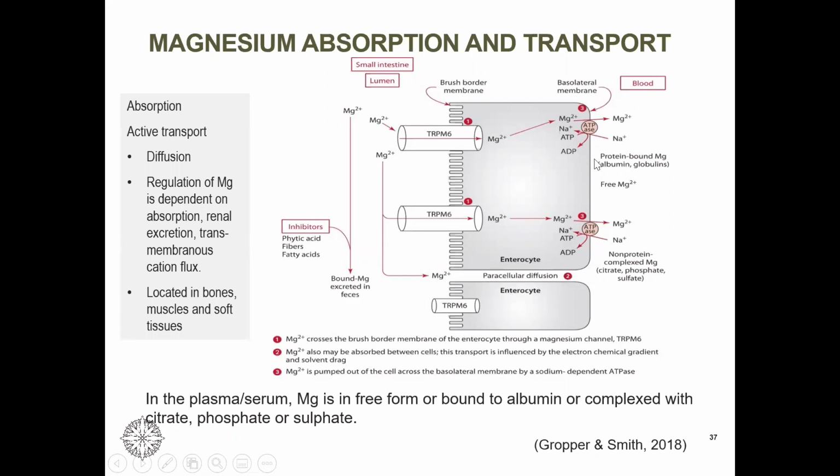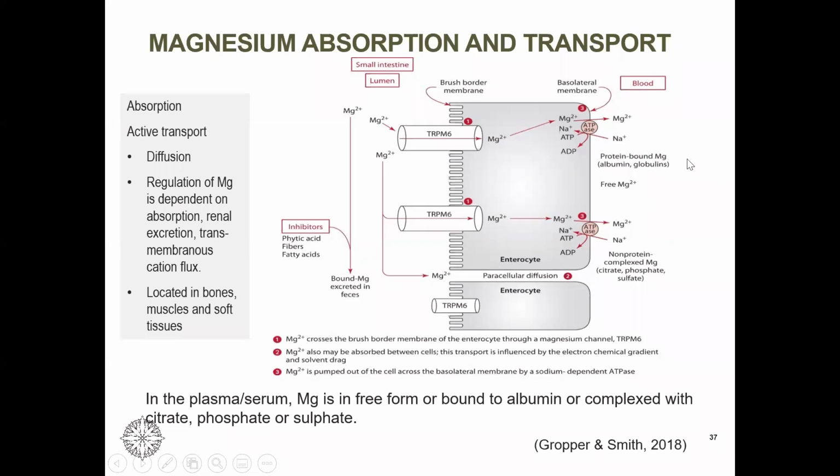Then at the basolateral layer, we have an energy-dependent ATPase, which carries magnesium across into the blood. And when we do so, one molecule of sodium is coming inside. That's why it is called a sodium-dependent ATPase.